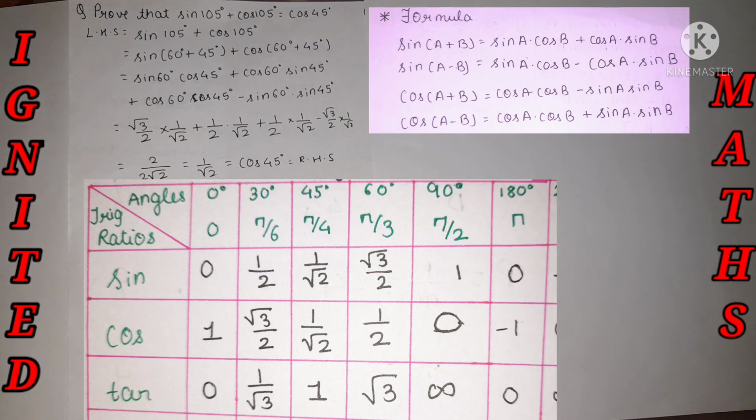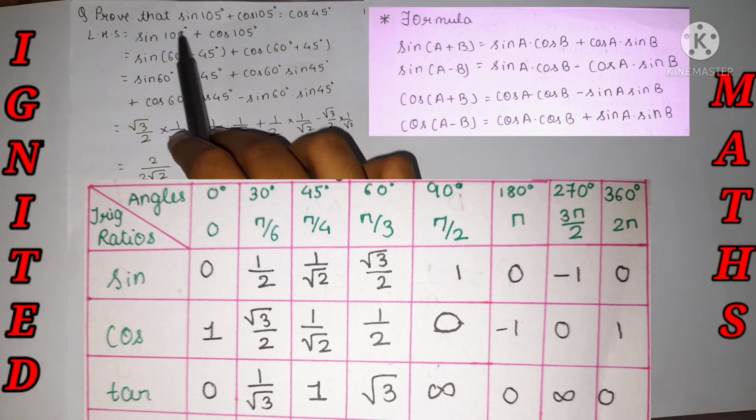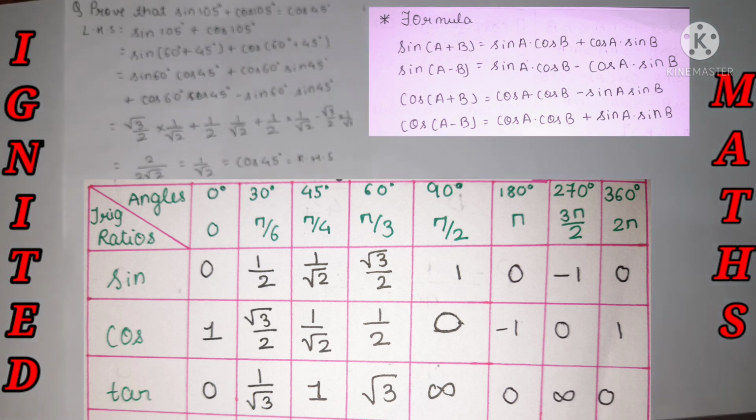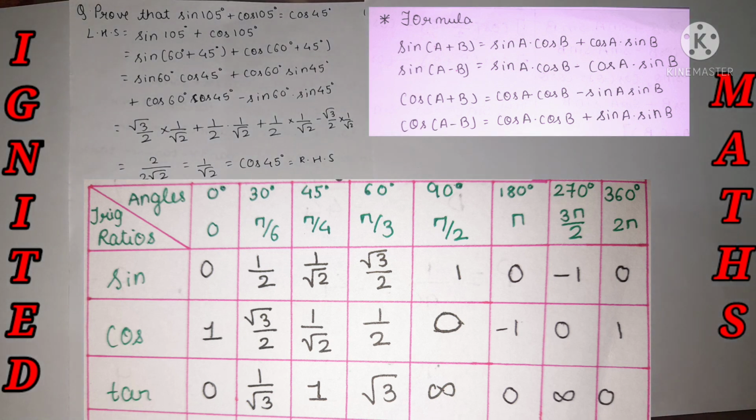Now here is the proof. We need to prove that sine 105 degree plus cos 105 degree is equal to cos of 45 degree. At first I mentioned that we don't know the value of 15 degree, 105 degree, 75 degree, but the other trigonometric table values we know: 30 degree, 45 degree, 60 degree, 90 degree, 270 degree.